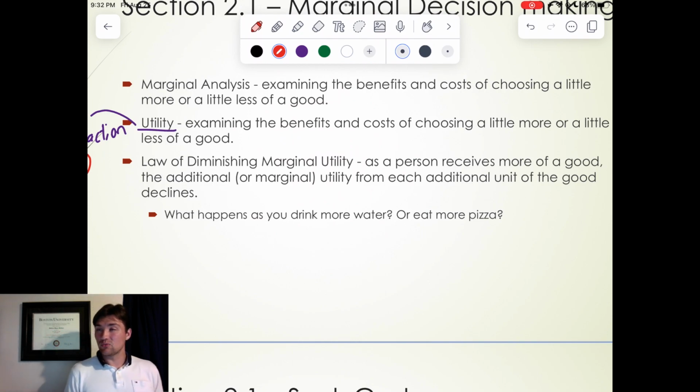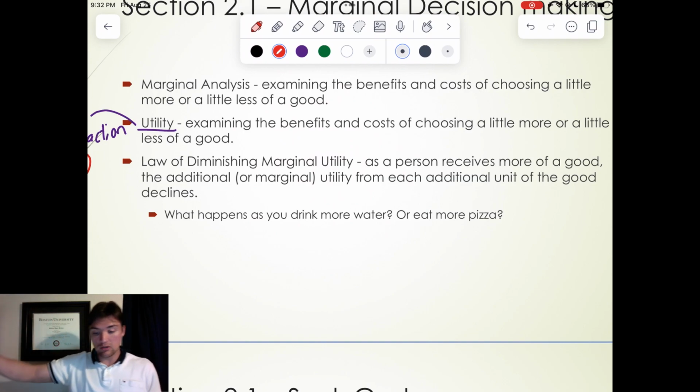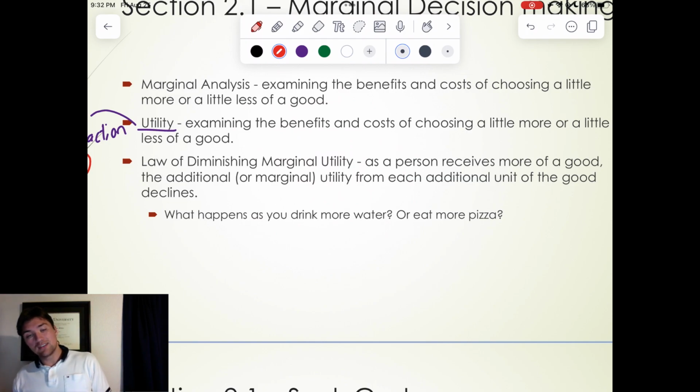Is it because at some point you start to feel sick, right? Because like you ate too much? Yes, right? And that is the law of diminishing marginal utility, which basically is saying as a person receives more of a good, the additional or marginal utility from each additional unit of that good declines.